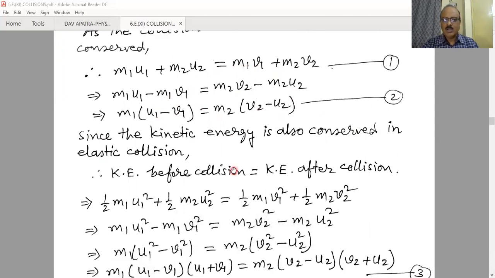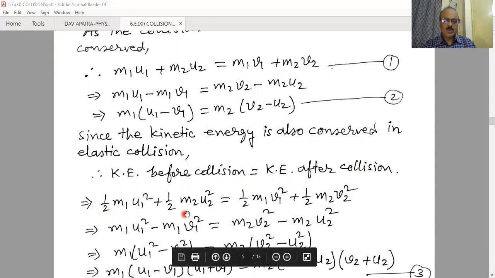Since kinetic energy is also conserved in elastic collisions, the total kinetic energy before the collision and after the collision are equal. Half m1u1 square plus half m2u2 square is equal to half m1v1 square plus half m2v2 square.